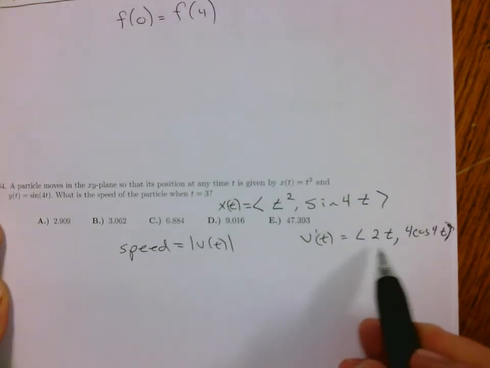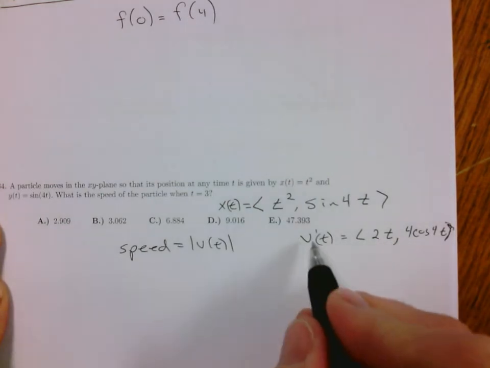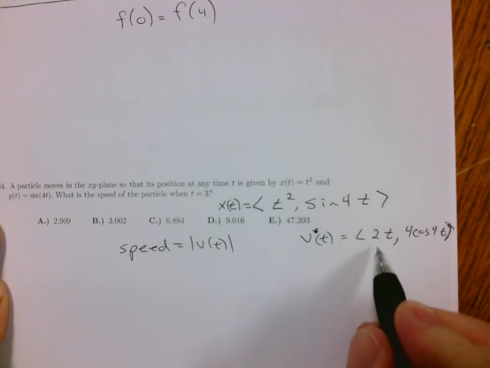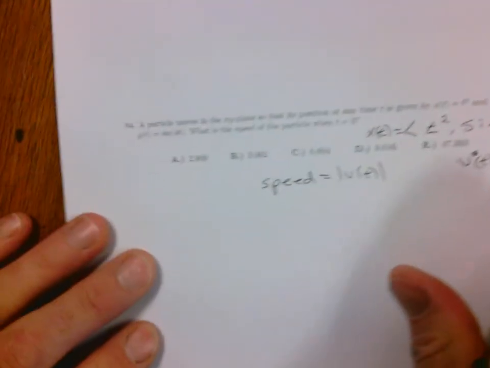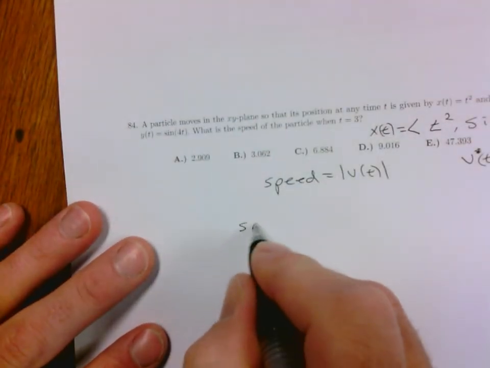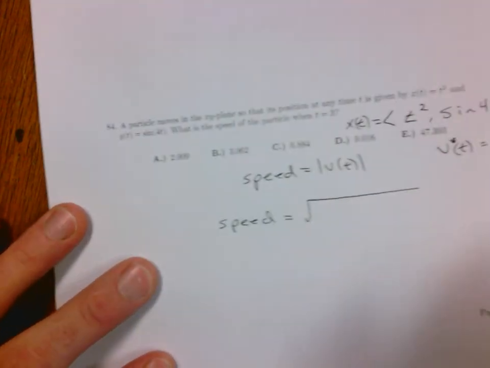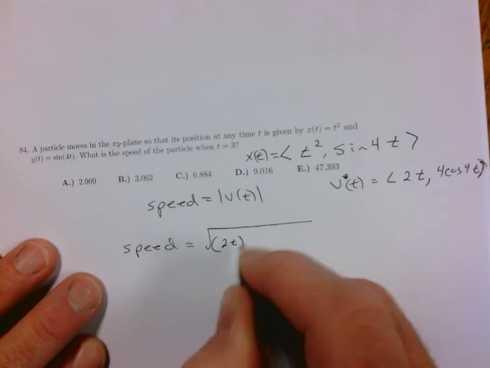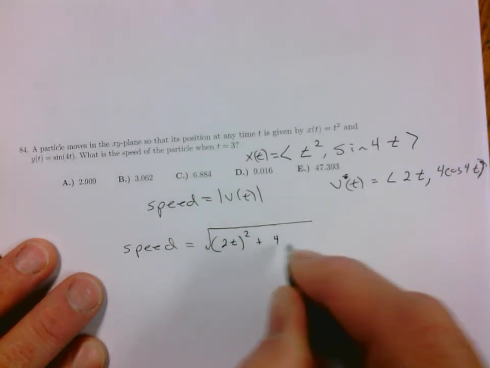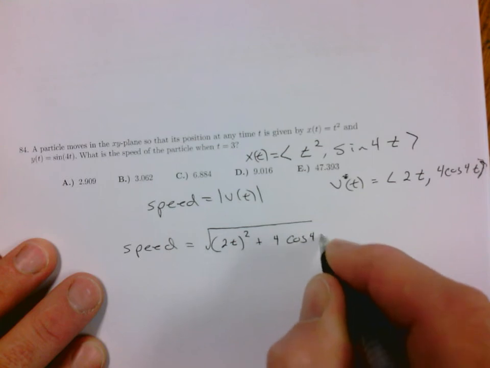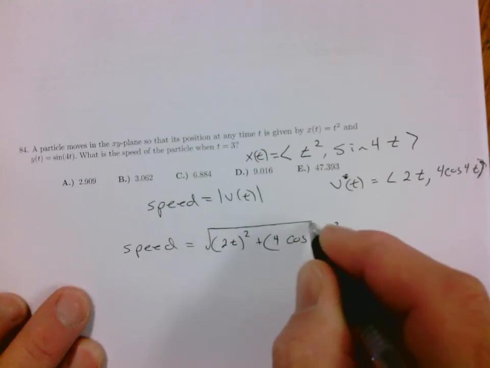So all I need to do to find the speed is take the magnitude of what this is. Okay, so the magnitude, if you recall, of a vector is the square root of its components squared. So that is going to be the square root of (2t) squared plus (4 cosine of 4t) squared.